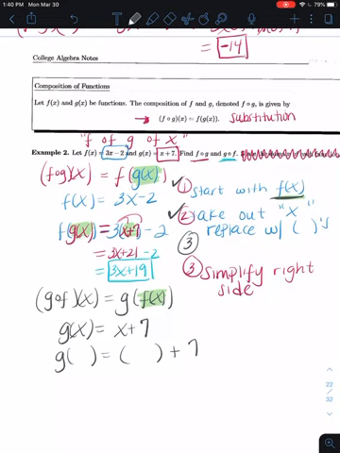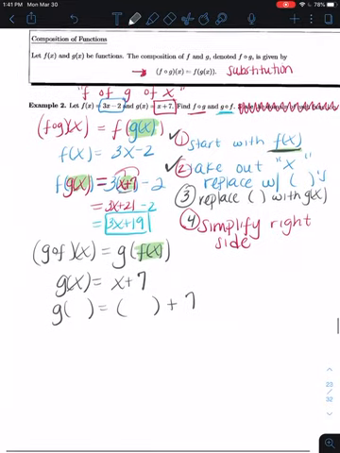So that this would be step 3. All right, so here in step 3, we had to replace parentheses with g of x in this case.